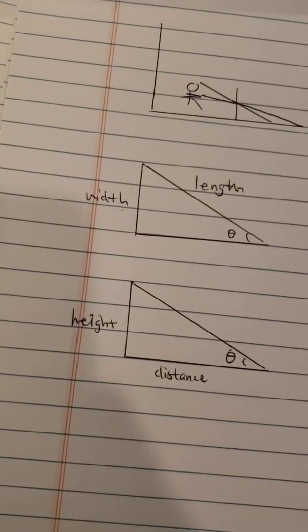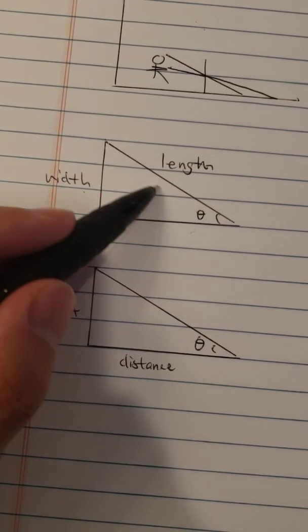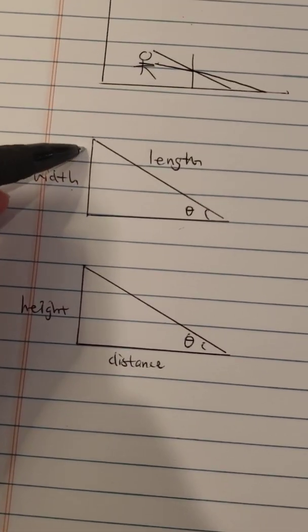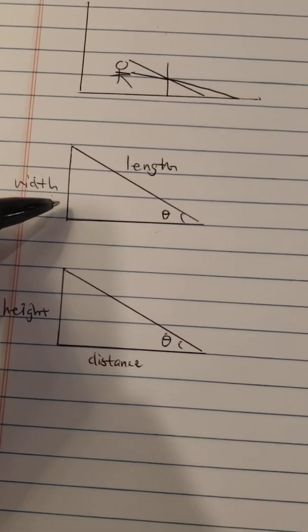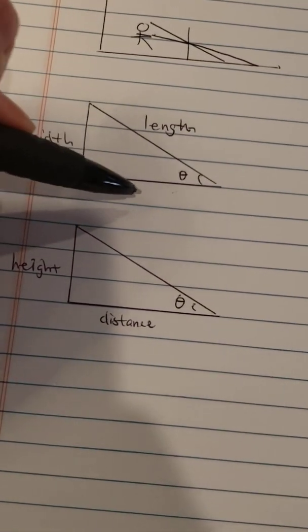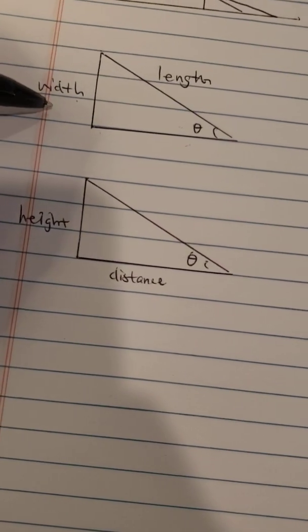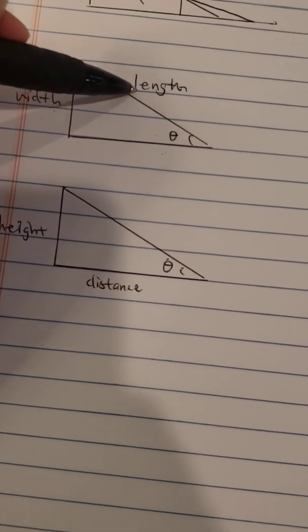And after we do that, we will see this first triangle right here. This is the angle of impact. This is the length of a blood spatter and the width of a blood spatter. So the calculation we will use is sine theta, where theta is the angle of impact, equals width over length.